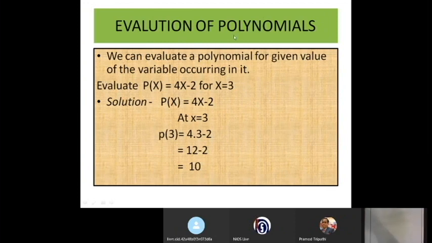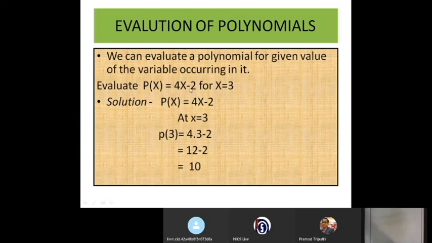So, the evaluation of a polynomial. We can find the value of any polynomial for a given value of the variable occurring in it. One example I have taken here: P(x) is a polynomial in x, 4x minus 2.